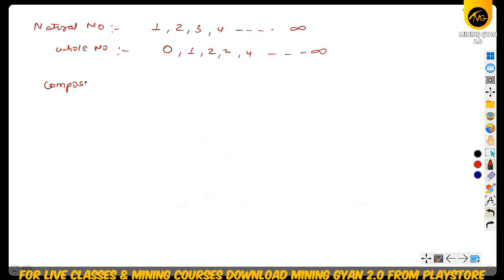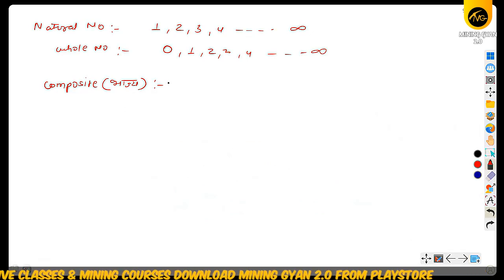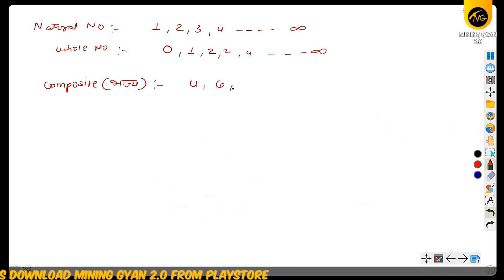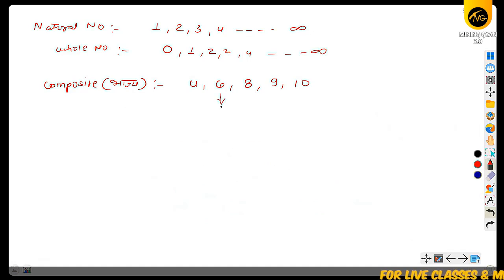Now, what is a composite number? In Hindi it's called bhajya sankhya. Basically, a number that has more than two factors, like 4, 6, 8, 9, similarly 10. What are the factors of 6? We have 1, 2, 3 and 6.